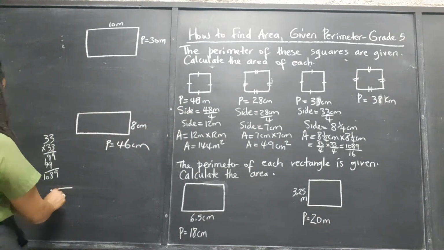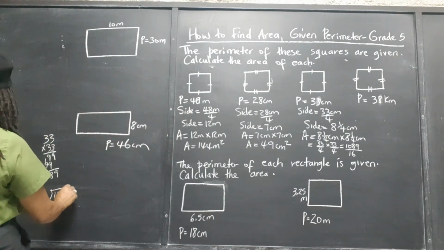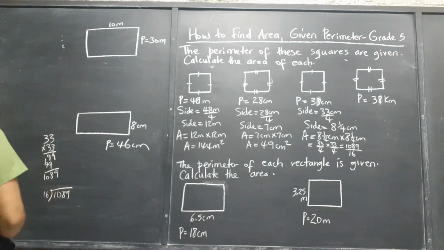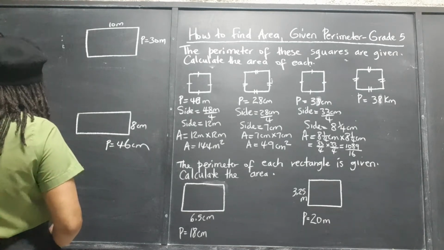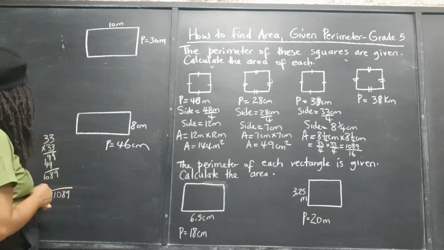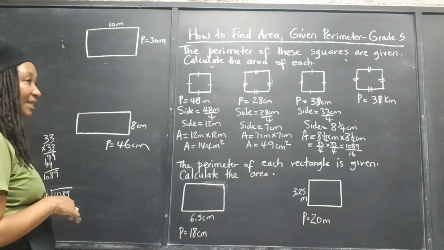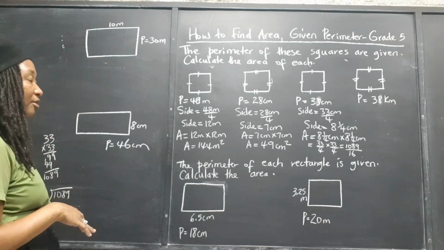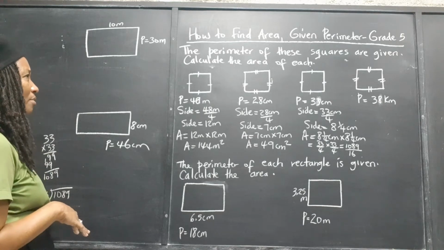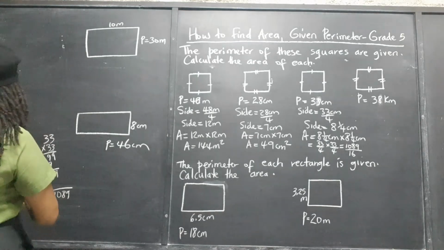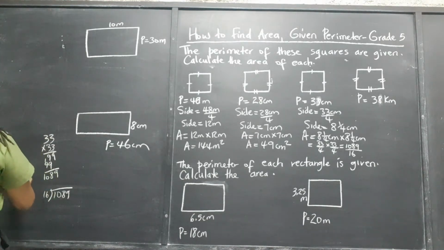16 into 108. There are 4 16s in 64, so let's estimate. We could get maybe another 3. So let's estimate 16 times 9. 9 6s are 54, 9 1s are 9 and 5.